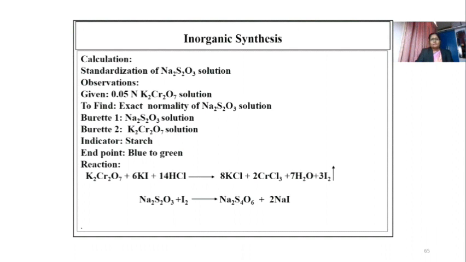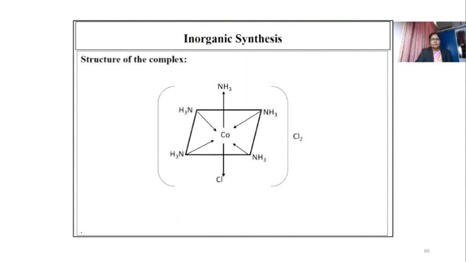Burette 1 contains sodium thiosulfate solution and burette 2 is filled with the potassium dichromate solution. Starch is used as the indicator and the end point of the titration is blue to green. The reaction of the titration is as shown in the PPT. Structure of the complex is shown in the PPT.